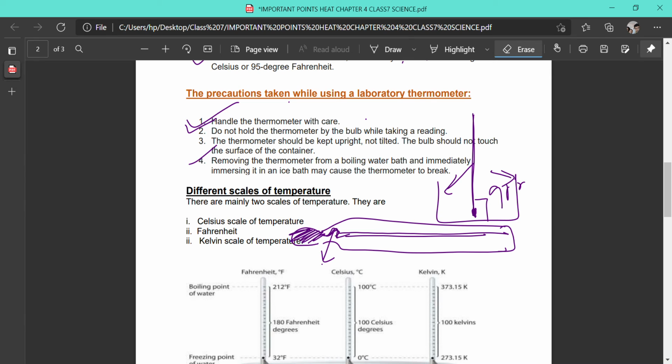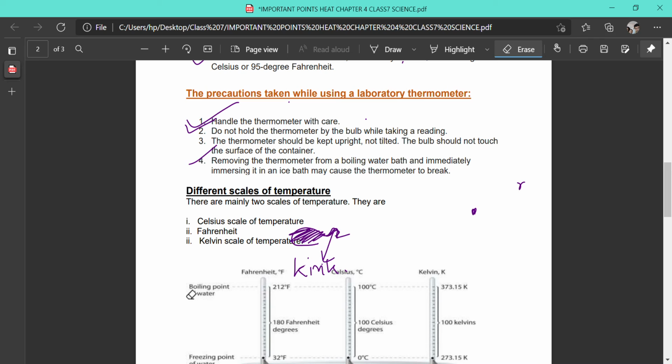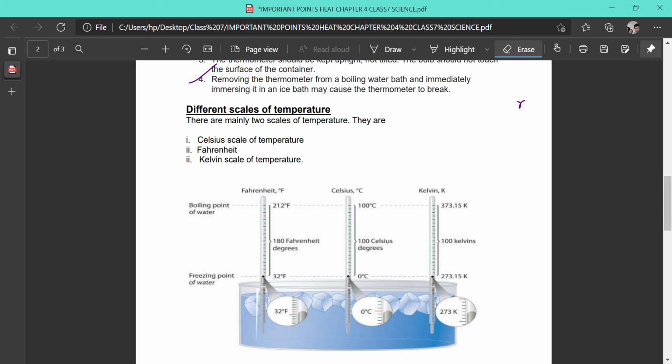The mercury level doesn't go below. It remains as we take it out from our mouth or armpit. This should be kept in mind. But in case of the laboratory thermometer, there is no such kink. So as soon as we take the thermometer out from the liquid or the reaction solution, it will just go down.